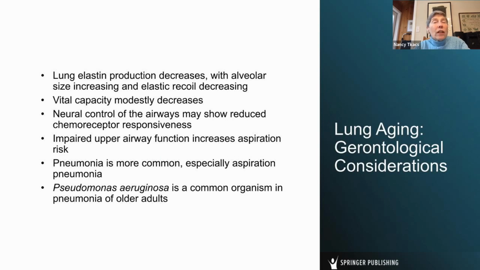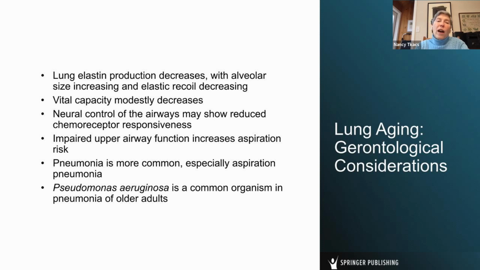Lung aging doesn't have as dramatic changes as the birth transition for babies, but there are still modest changes in pulmonary function testing, less lung elastin, less elastic recoil. So the alveoli get a little bit bigger, start to look sort of on the trend towards emphysema, but not all the way to disease.